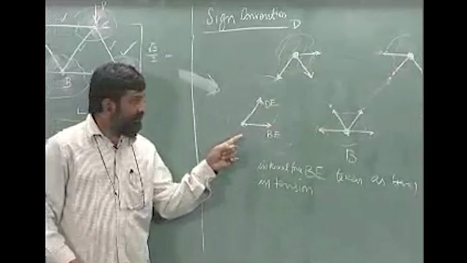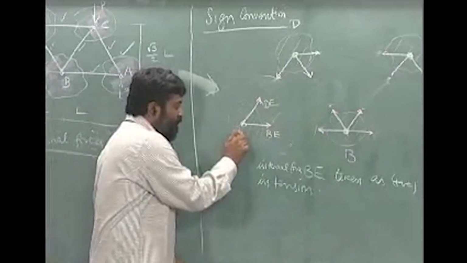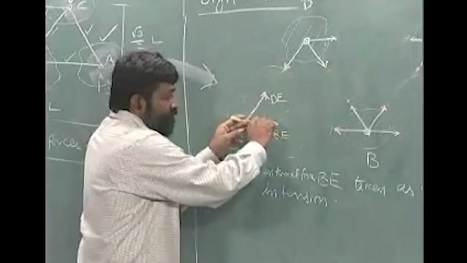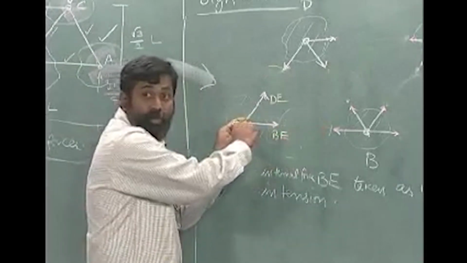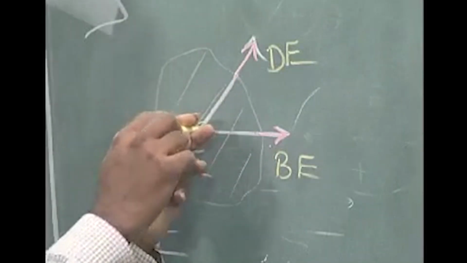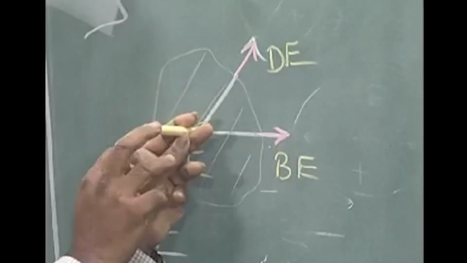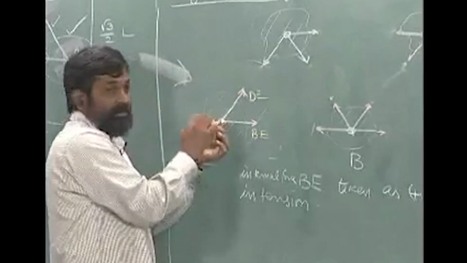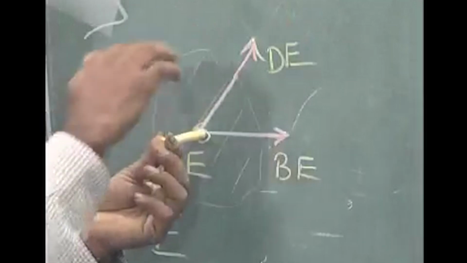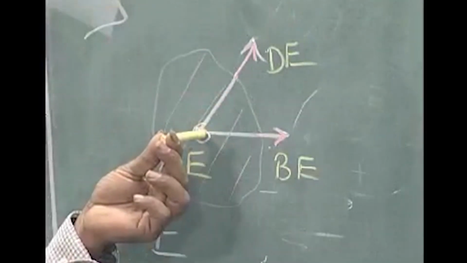Note that if I choose this particular joint E, each of these forces seem to be pulling this particular joint away from this particular joint. If this is the body, they are all away from the free body that I have drawn.